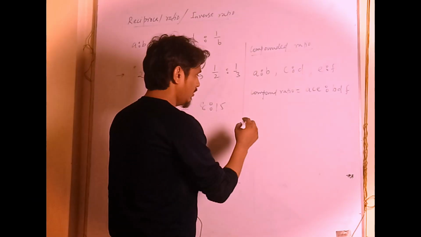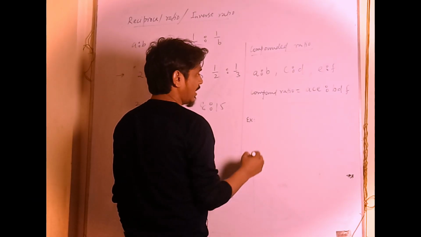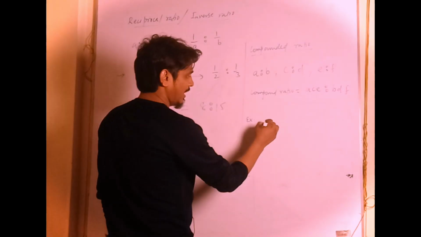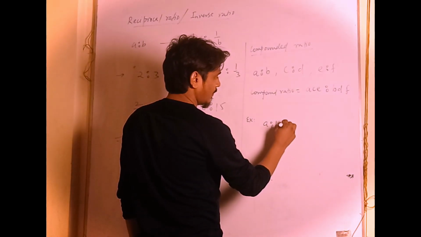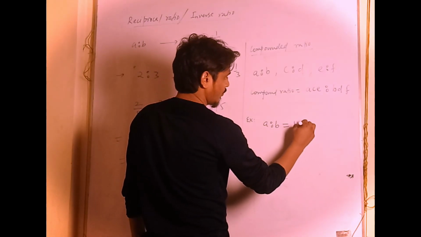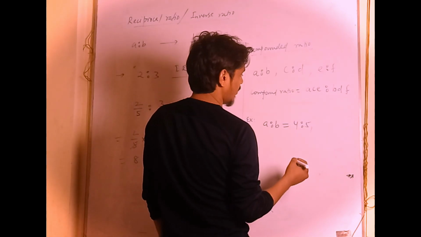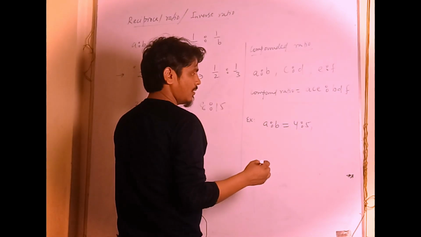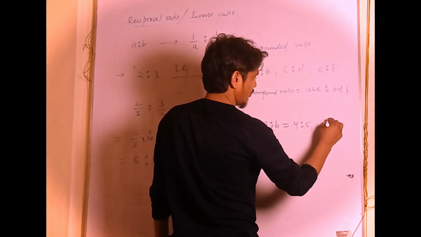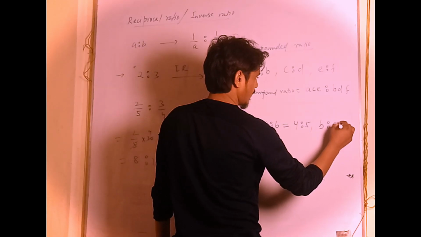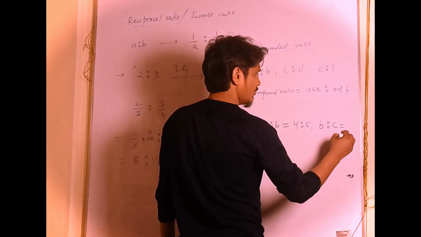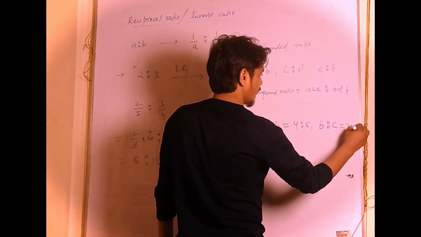For example, we are given A ratio B is equal to 4 ratio 5 and B ratio C is equal to 3 ratio 4.